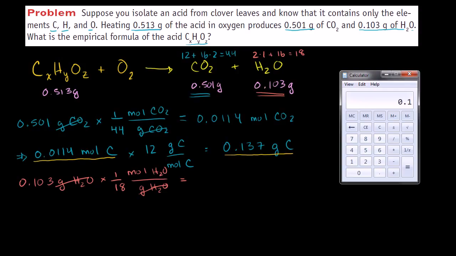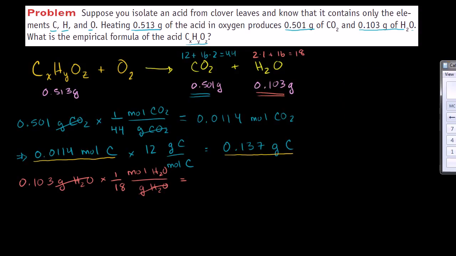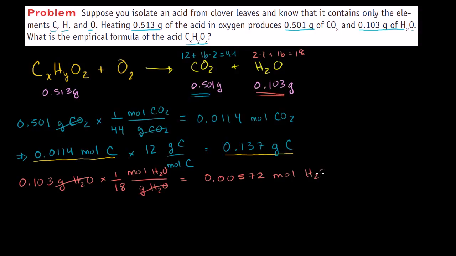So we have 0.103 divided by 18 moles of water. So that's, let me put this on the side so I can still see it. I have a very bad memory. So this tells us that we have 0.00572 moles of H2O, of water. We just converted these grams into the number of molecules that we actually have.